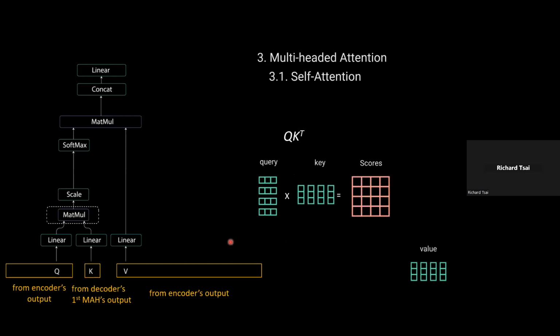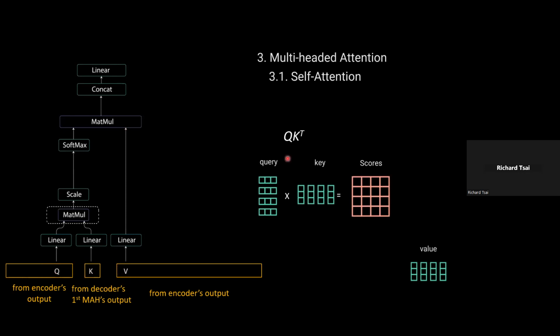When we multiply the query vectors from the encoder with the key vectors from the decoder, we compute the attention across all input tokens and output tokens.